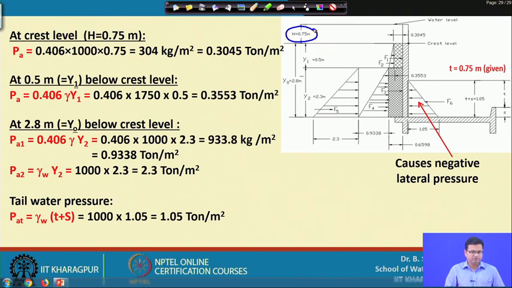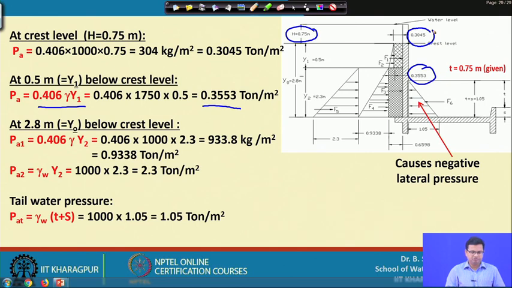At 0.5 meter below crest level, you will get P equal to 0.406 gamma y 1, so that equals 0.3553, and this is equal to 0.3045.